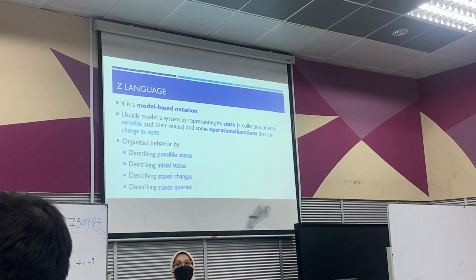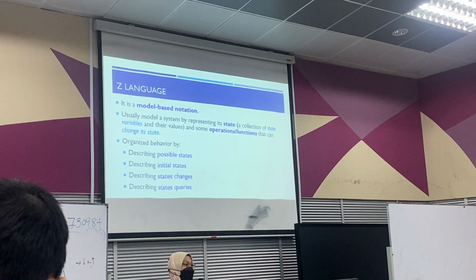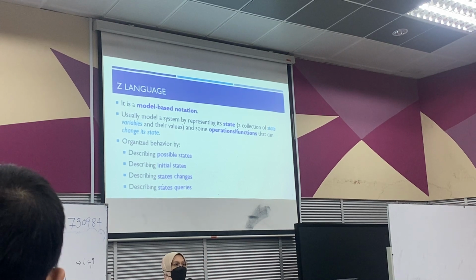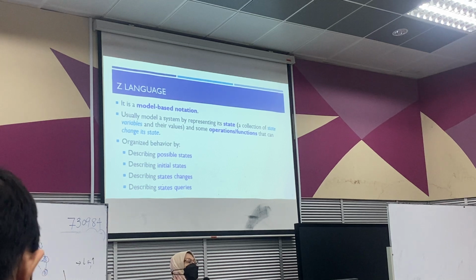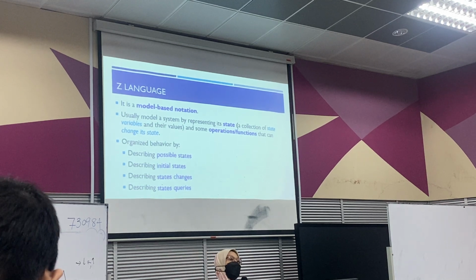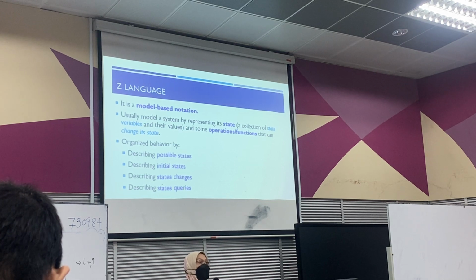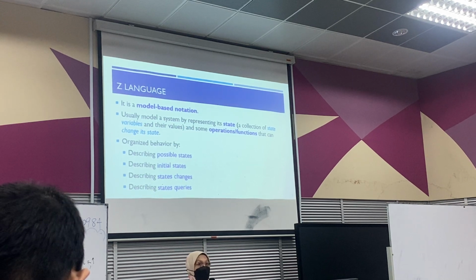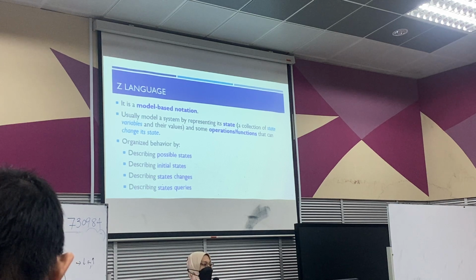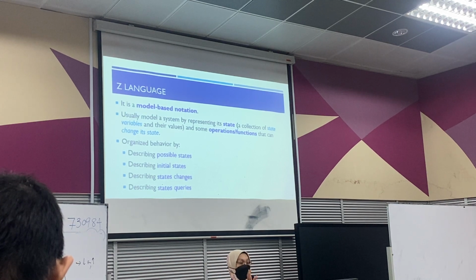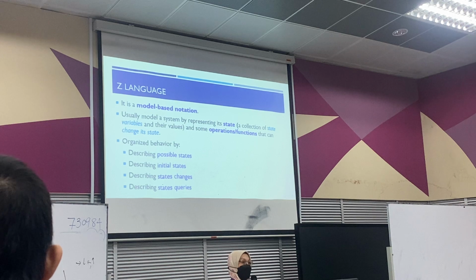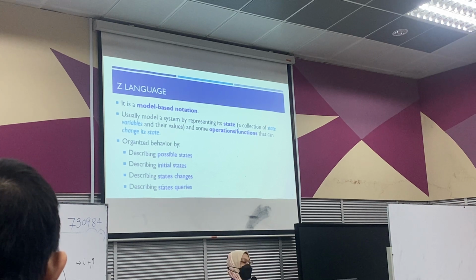And the last one will be what we call complete schema states. Okay? So all these are actually possible states that you are going to have in your Z schema. And then you are going to show this through your assignment later. Okay? So these are actually the things that you should know when you start doing your Z schema later.